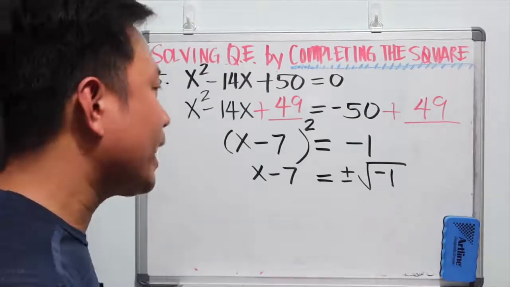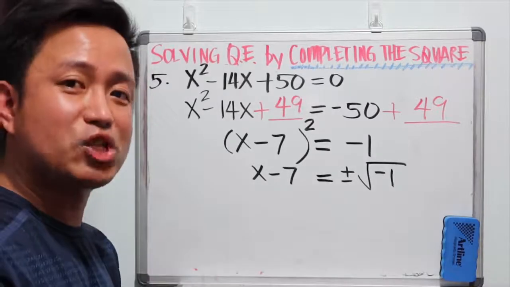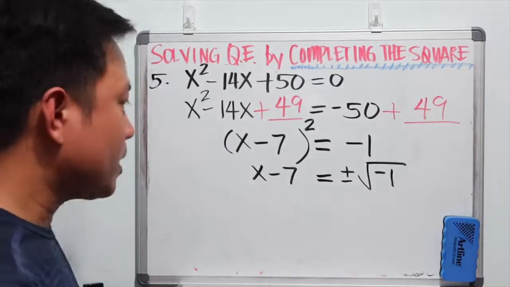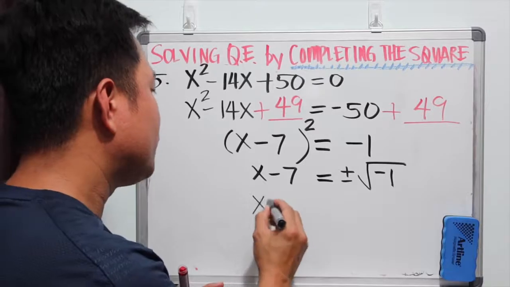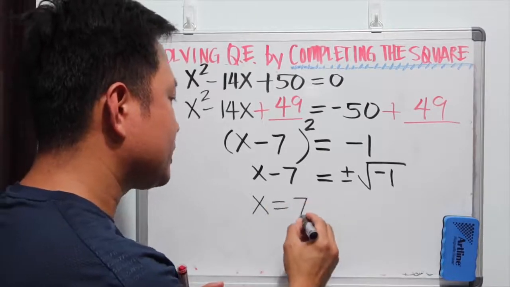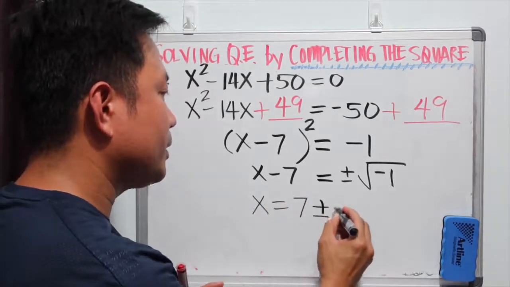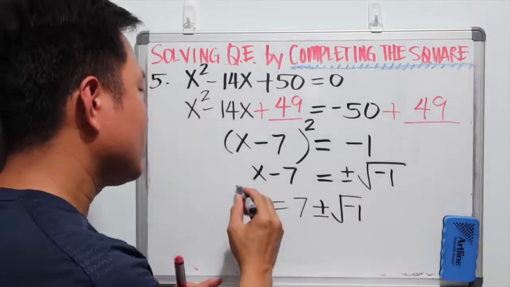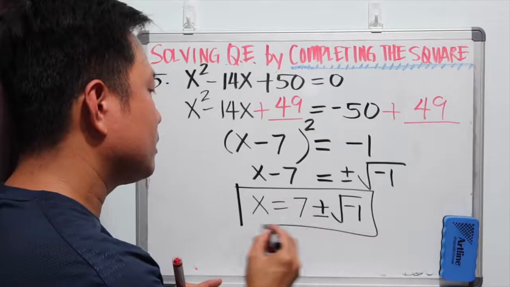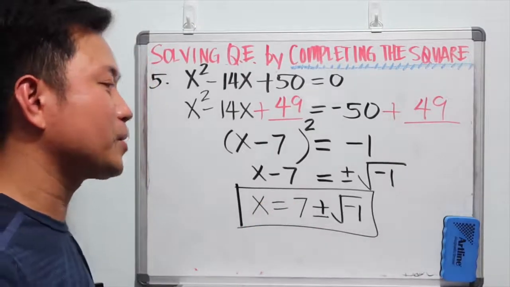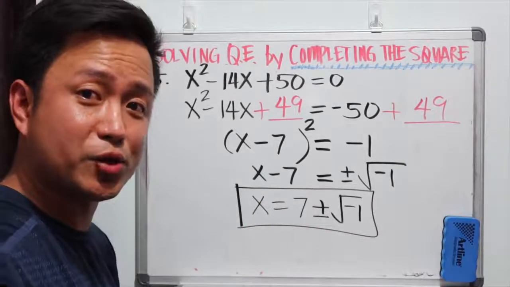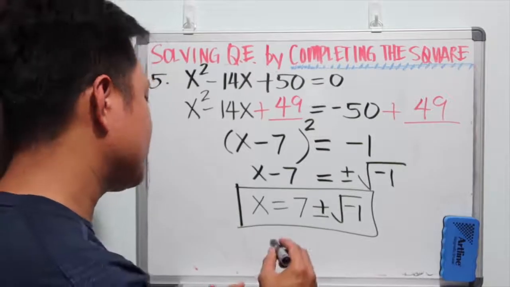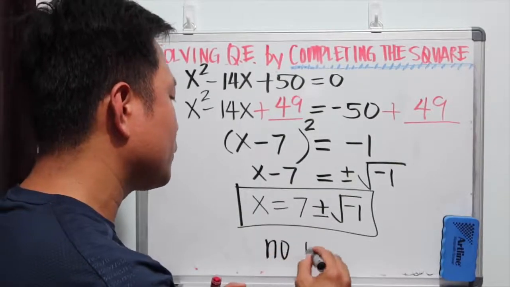So square roots of negative numbers are imaginary numbers, which means that the values of x, you could write as 7 plus or minus root negative 1. Or also, you can write x is equal to 7 plus or minus i when you get to Algebra 2. Which means that there is no real solution.